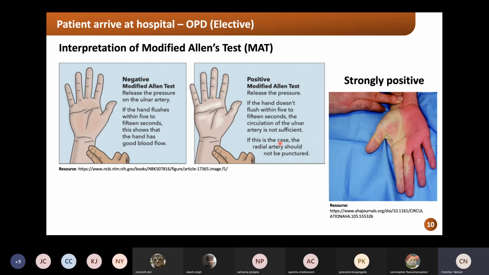On the right picture, you will see a strongly positive result of the Allen test. When we block the radial artery, there is no perfusion at all to the thumb and index finger, no sign of red or warmth, just a pale palm on this side.